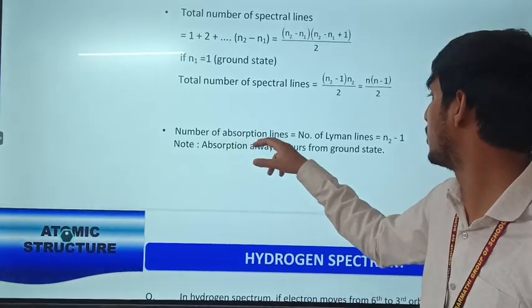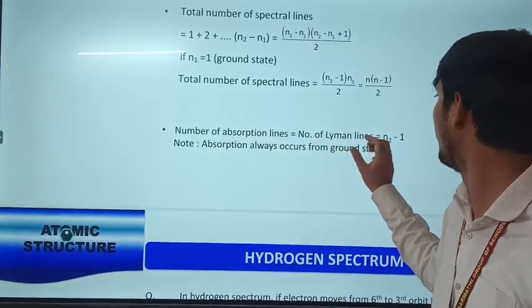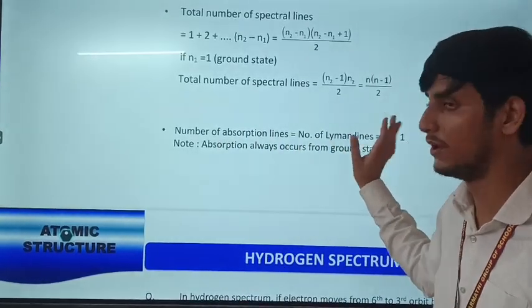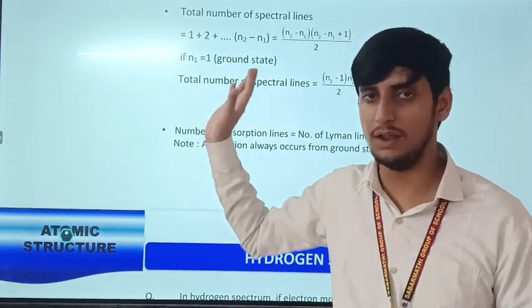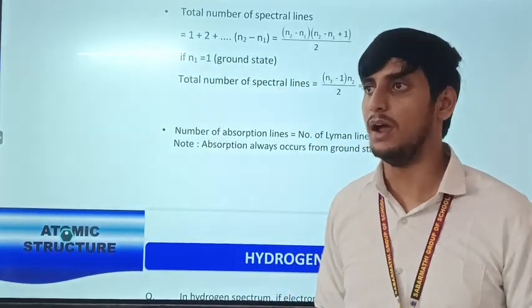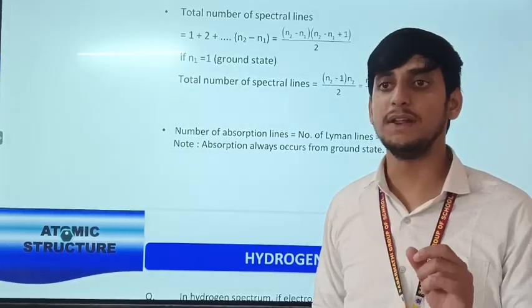Number of absorption lines equal to number of Lyman series lines; N2 means number of lines in absorption spectrum or emission. Now for absorption, N2 minus N1 is fixed, right?